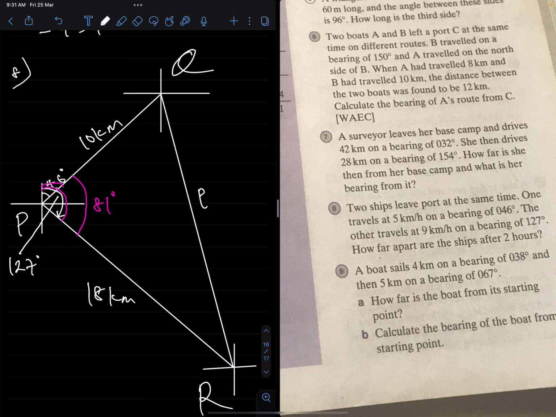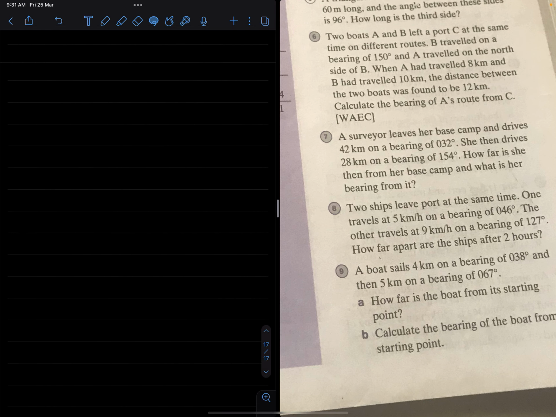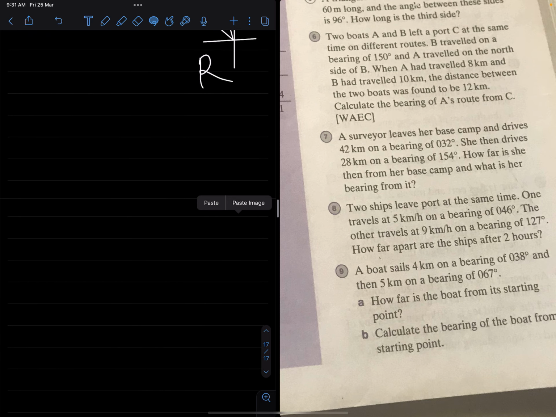Let me call it small p. So p squared, I need to move it up, so I'm copying the diagram and I'll paste a tiny image of it here on the side.